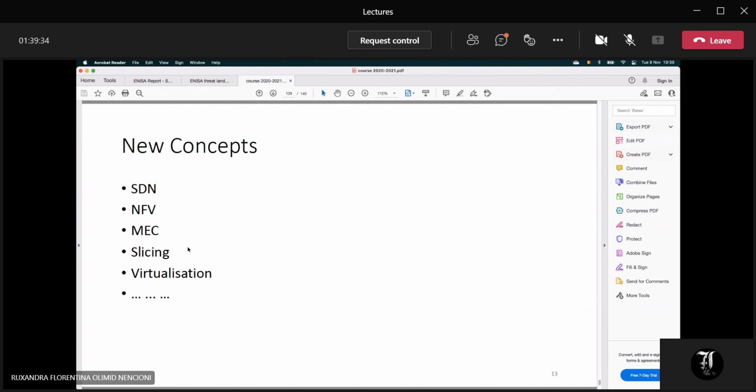Not to do it in a specific router whose job is to create a routing table and route traffic from here to there. But have something that is again software, high level, that can think overall in the network.